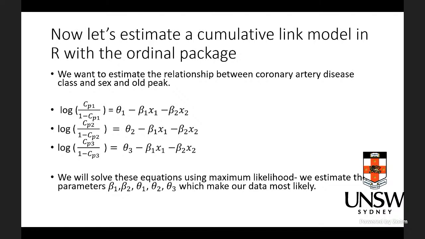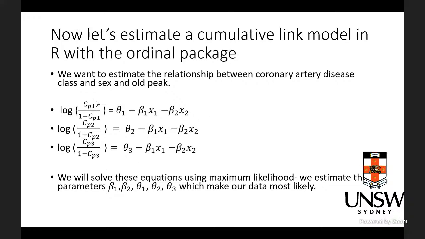So we want to estimate this cumulative link model in R with the ordinal package. So these are the equations. I'm going to try here to estimate the relationship between coronary artery disease class with sex and old peak. So put 2 variables in there.